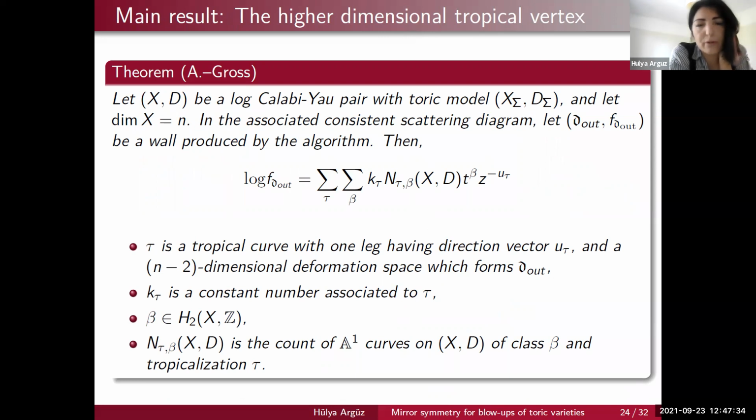If you have a local Looijenga pair with a toric model of dimension n, and if you build this initial wall structure that I described combinatorially using the tropical data of the things you blow up, and if you run the algorithm, which is purely algebraic, it tells you enumerative information. It tells you that the walls you add to complete it to a consistent scattering diagram satisfy this property: the log of f_out is a series capturing these numbers of A1 curves.